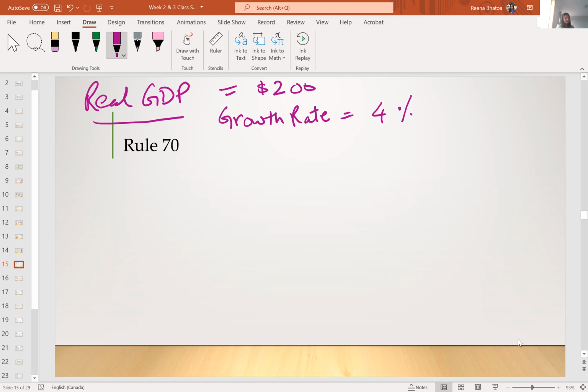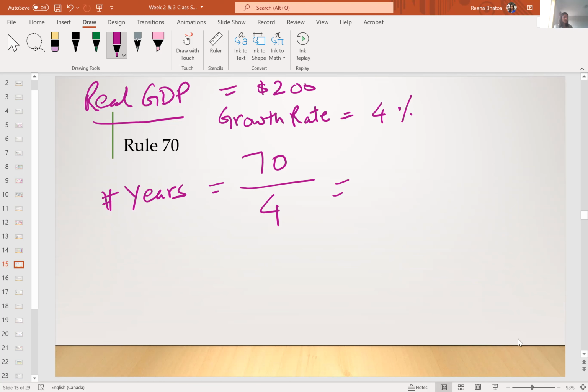Rule of 70 says we can calculate the number of years. The formula is you do 70 divided by growth rate. That's it. 70 divided by growth rate.